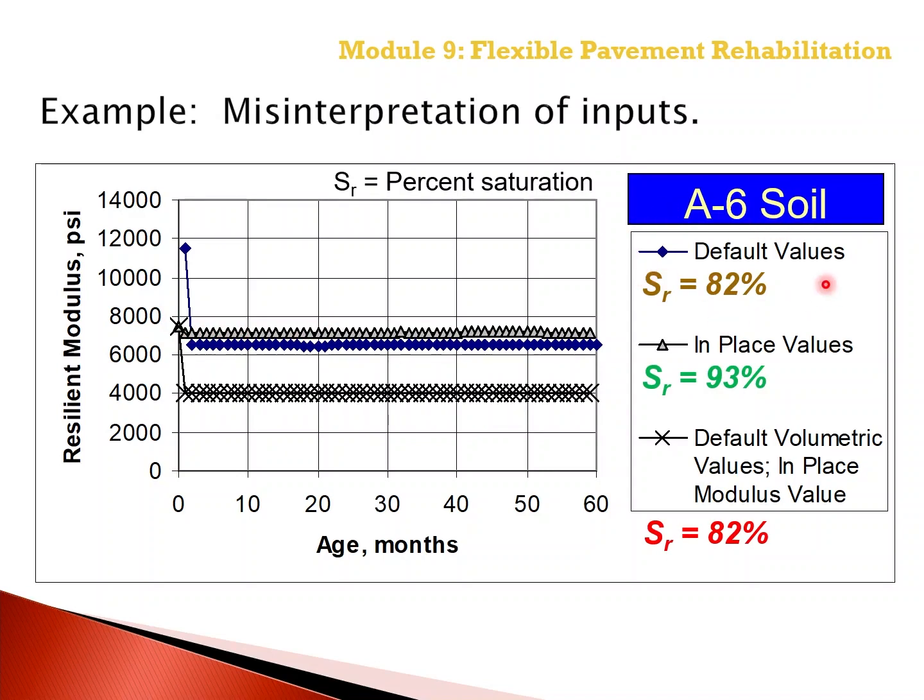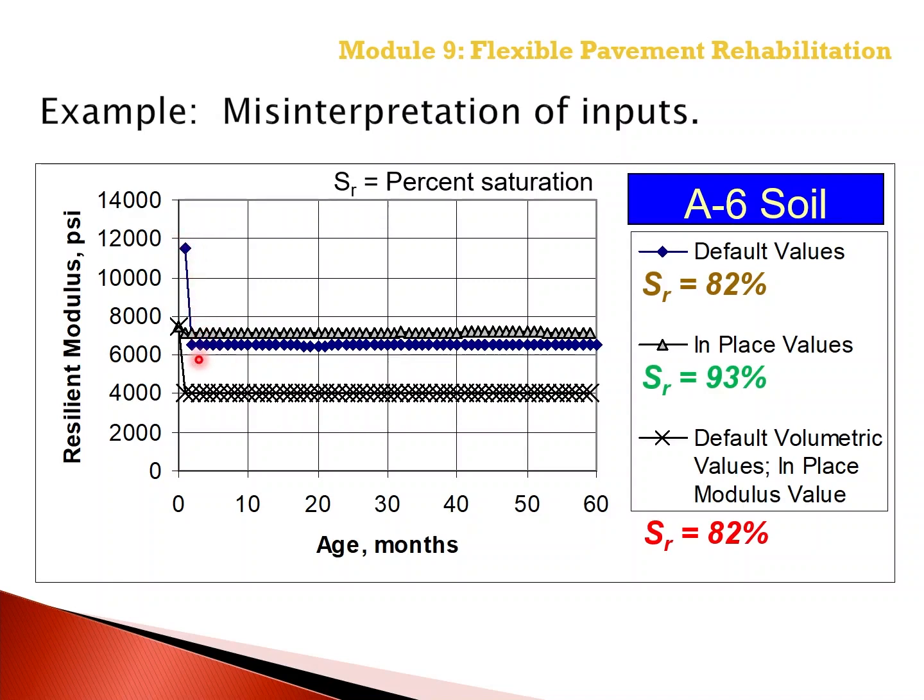If we use the default values for an A6 soil, our standard laboratory-derived resilient modulus is a little bit above about 11,500 or so, but that's at about an 82% degree of saturation. The Pavement ME program or the EICM is then going to increase the water content of that layer.